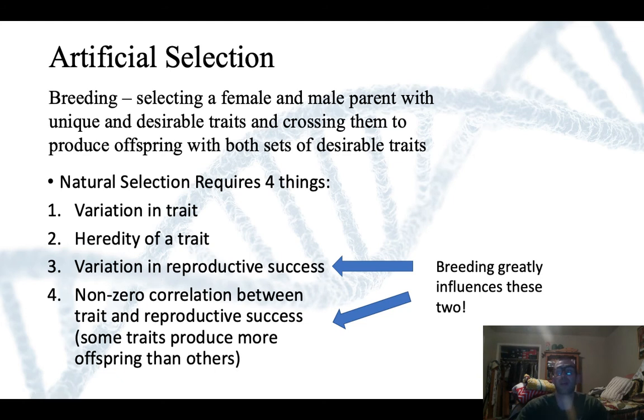So they are going to have huge reproductive success. Any organism that has a trait we don't like, we don't cross it. So by influencing these two processes here, we can greatly speed up the process of evolution, and that's really what we're doing here with artificial selection. And it results in all these different varieties and variations that we have today.